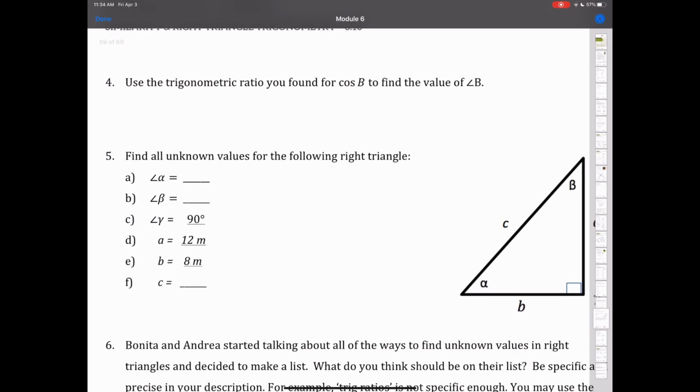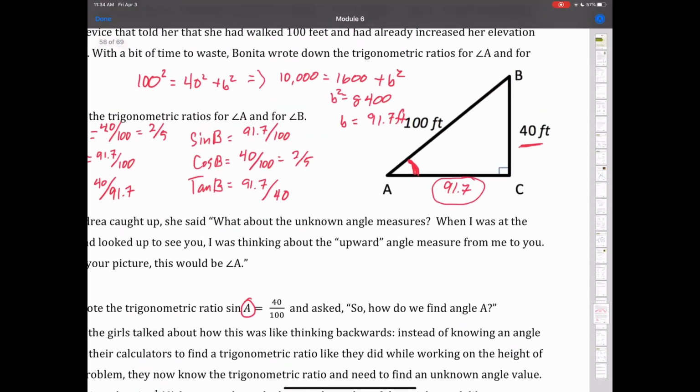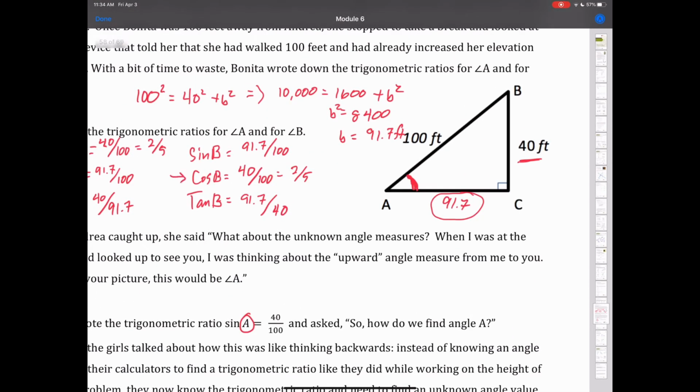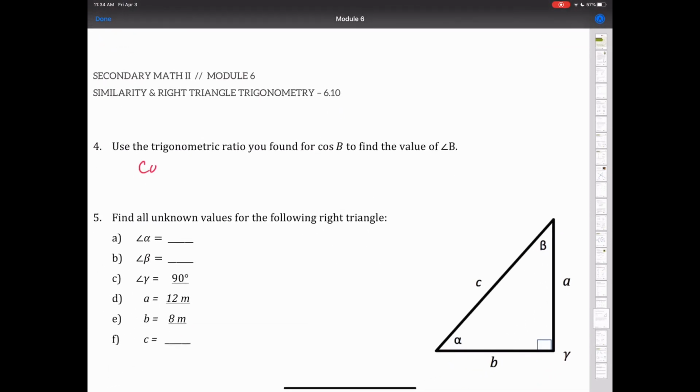So now we need to use the trigonometric ratio that we found for cosine B to find the value of angle B. So let's use cosine of angle B right here, which is actually that same 40 over 100. So cosine of B is equal to 40 over 100.